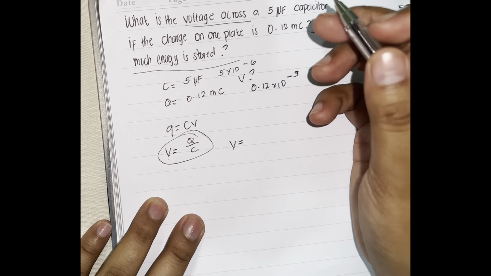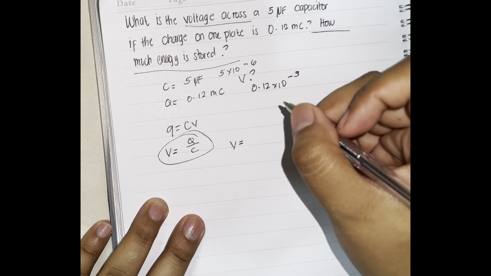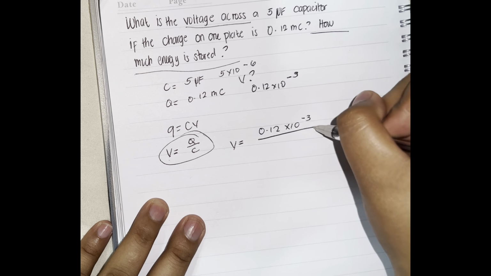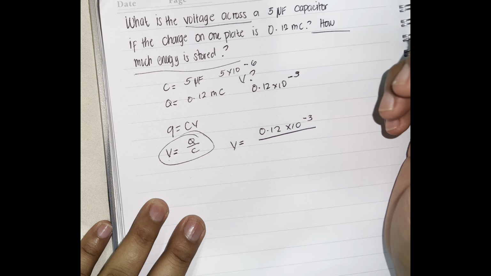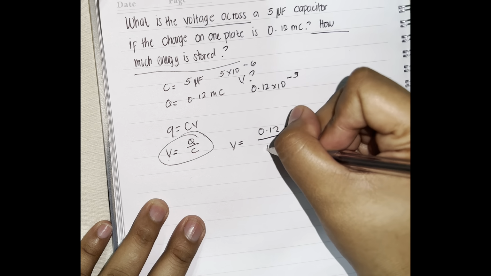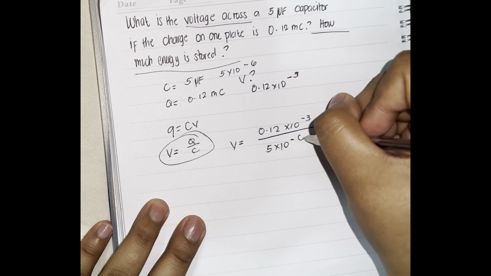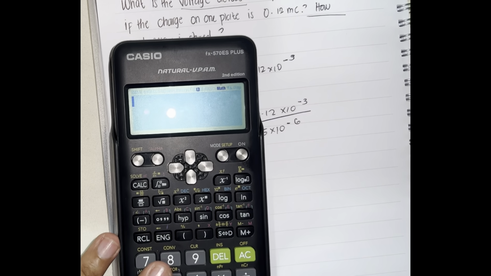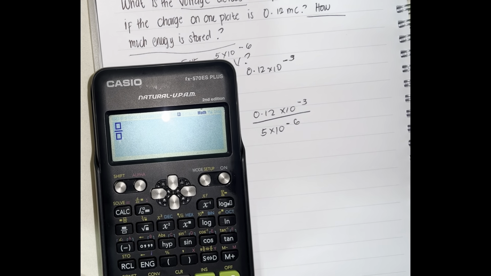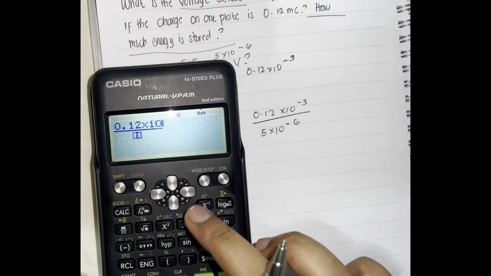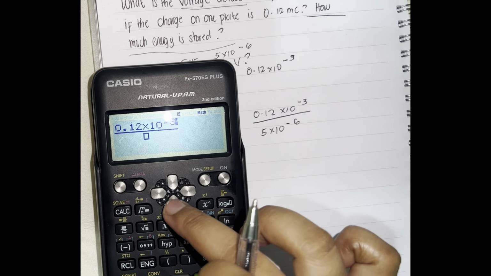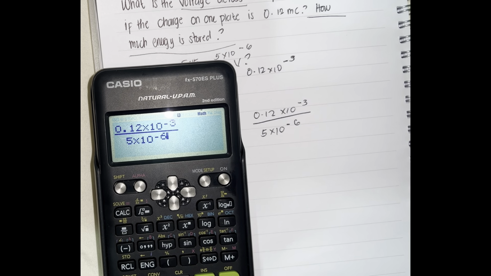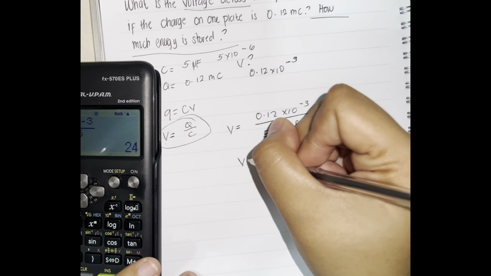So, V is equal to 0.12 times 10 to the negative 3 all over 5 times 10 to the negative 6. We calculate it: 0.12 times 10 to the negative 3 divided by 5 times 10 to the power of negative 6. So we get V is equal to 24.